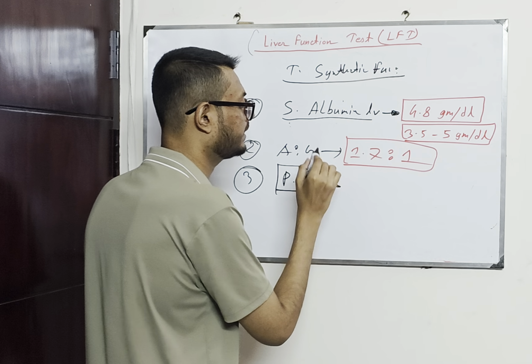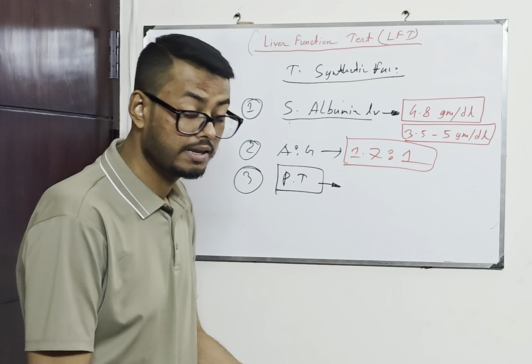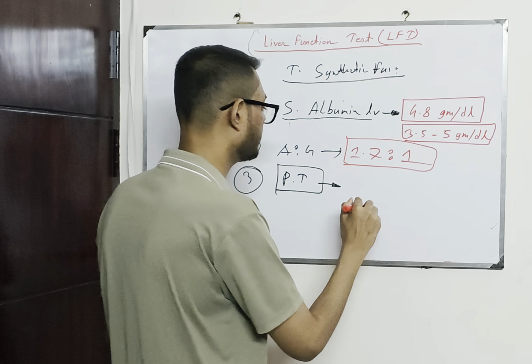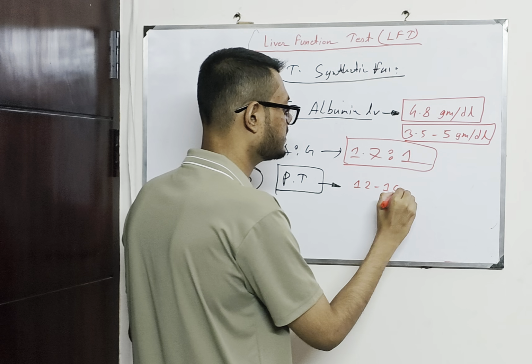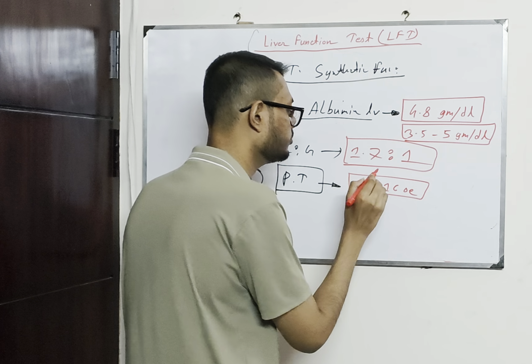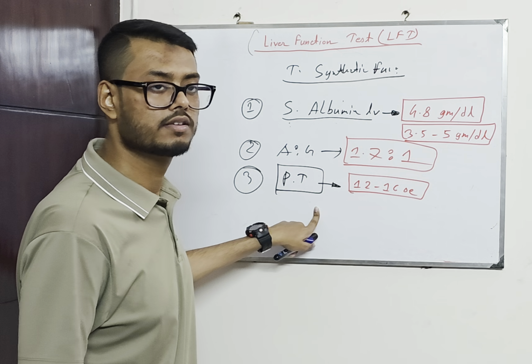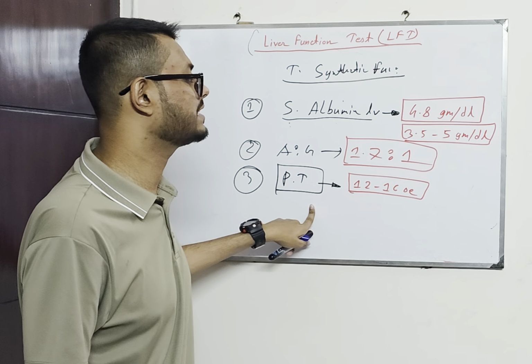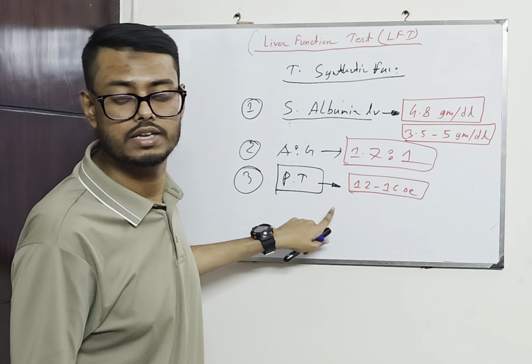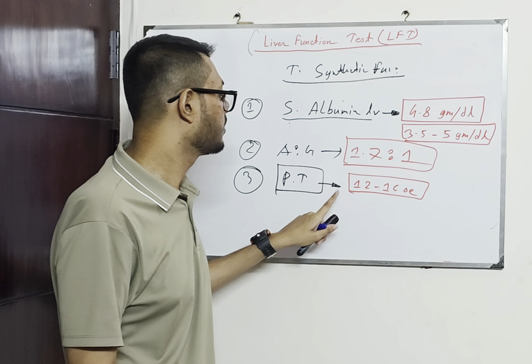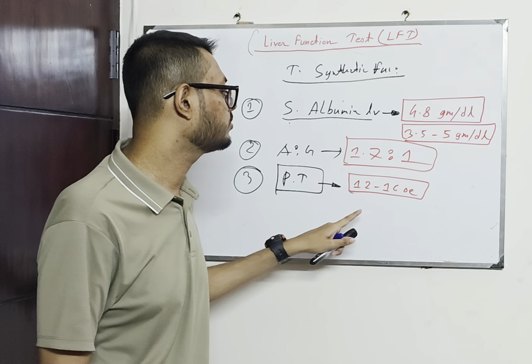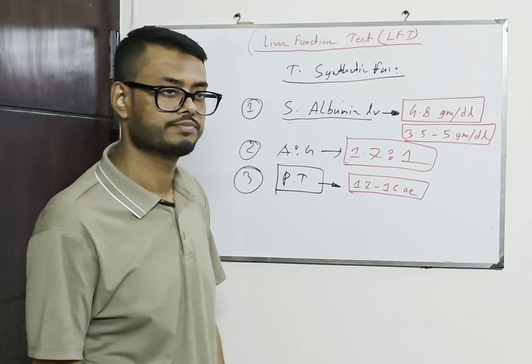So what is prothrombin time? The normal range of prothrombin time is 12 to 16 seconds. It is the most specific and sensitive indicator in case of both chronic and acute liver disease.